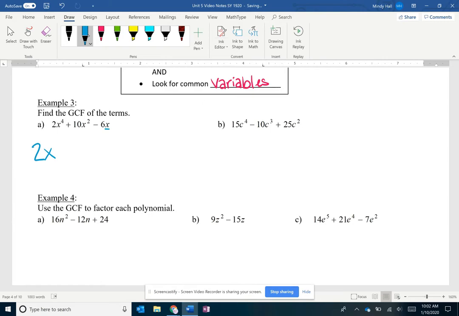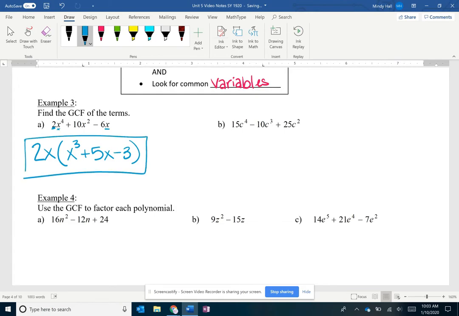So if I take out a 2x, 2 divided by 2 would just give us 1, but then x to the 4th divided by x, think about it, there's 4 x's here, but I took 1 away, so that just leaves x cubed. Then 10x squared divided by 2x, 10 divided by 2 is 5, and then x squared divided by x, I had 2 x's, I took 1 away, would just leave me 1x. And then negative 6x divided by 2x, negative 6 divided by 2 is negative 3, and x divided by x is 1, so it just stays as a negative 3.